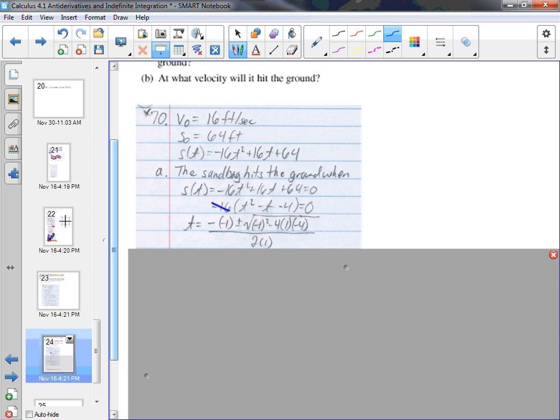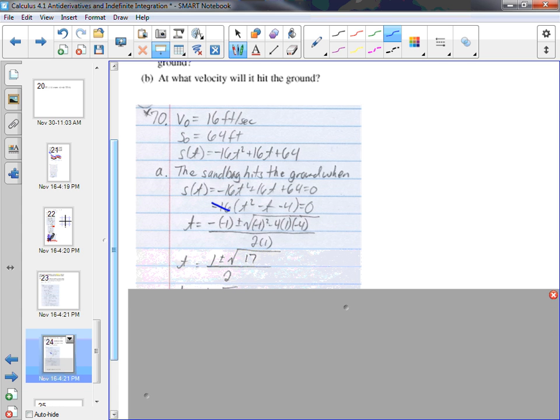So negative b means negative of negative 1, plus or minus the square root of b squared, negative 1 squared, minus 4ac, so minus 4 times a, which is 1, times c, which is negative 4, all that divided by 2a. So 2 times 1. So underneath our square root sign, I get a positive 1 and a positive 16.